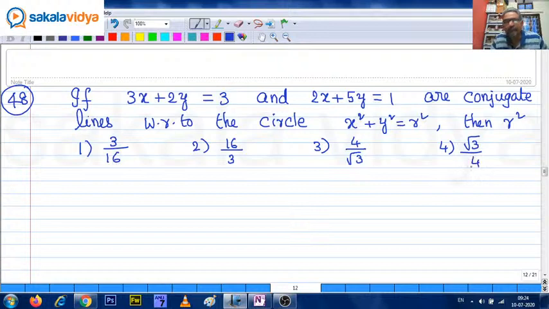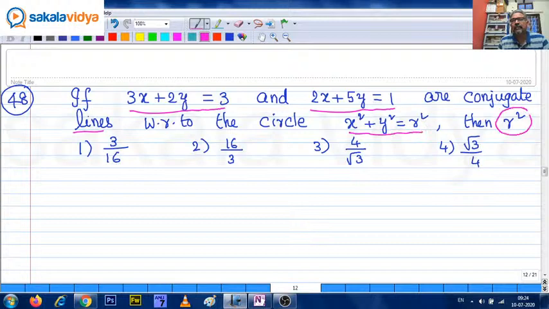Right, this is the question. So 3x plus 2y equals 3, 2x plus 5y equals 1 are conjugate lines, not conjugate points, to the circle x square plus y square is equal to r square. Then the r square value we need to find out.